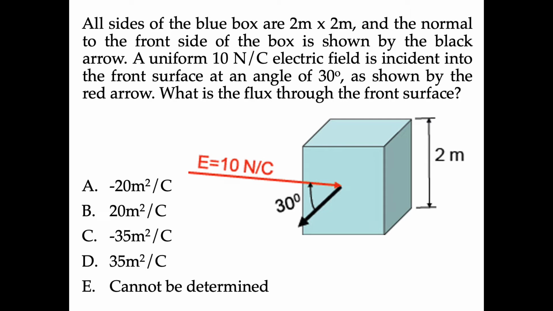Okay. And the electric field is uniform on the front surface of the box. It's 10 newtons per coulomb, but it's directed at 30 degrees with respect to the normal to the front of the box.